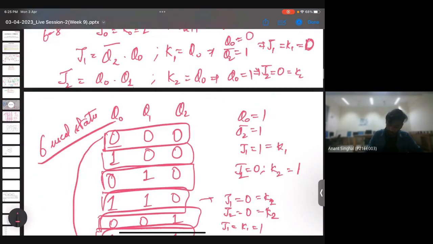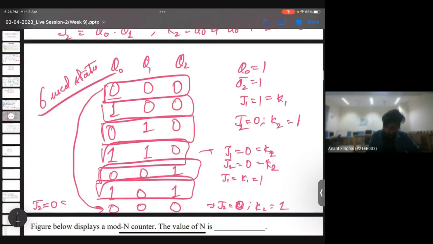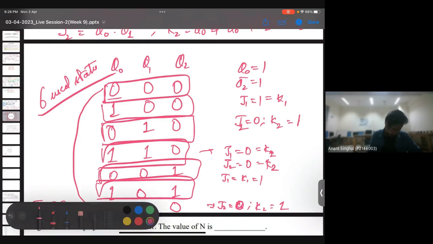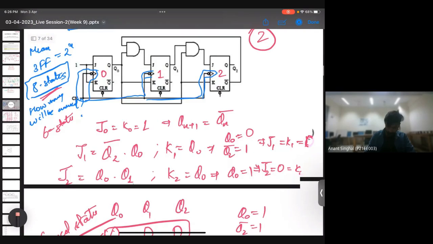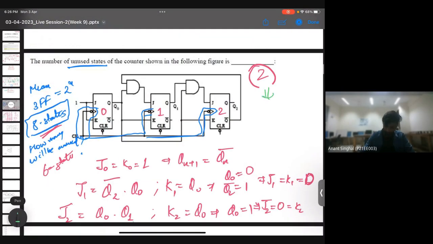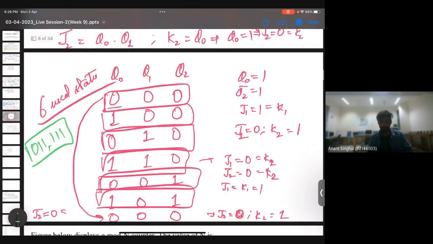And those two states are 0, 1, 1 and 1, 1, 1. You can take a look. We'll proceed to the next problem in 2 minutes.